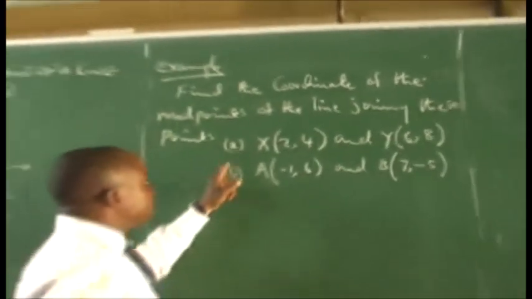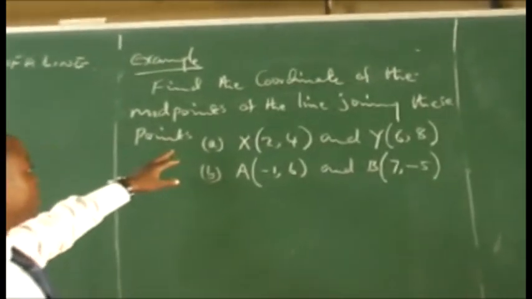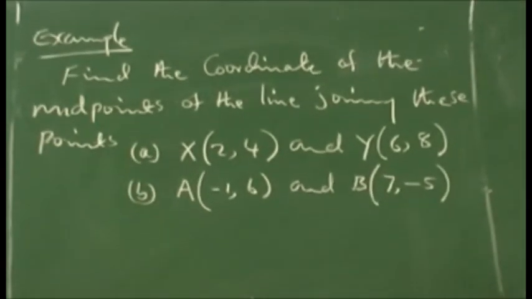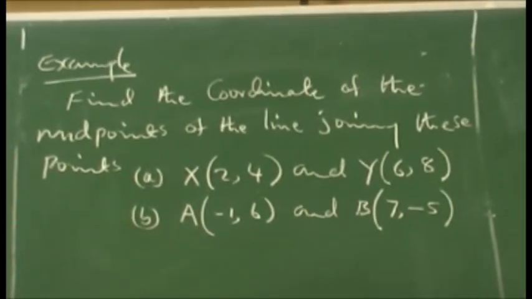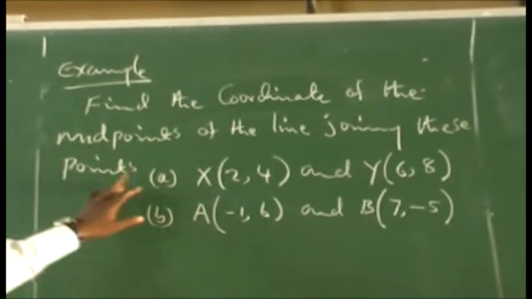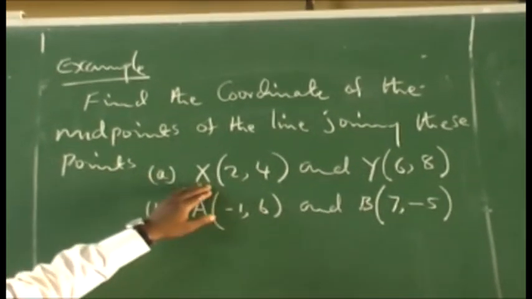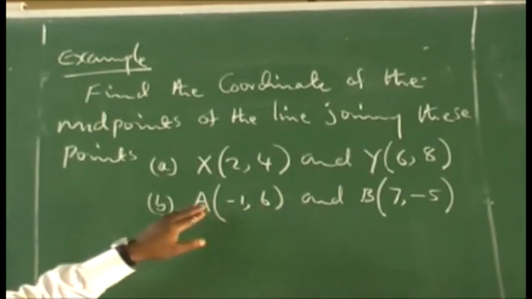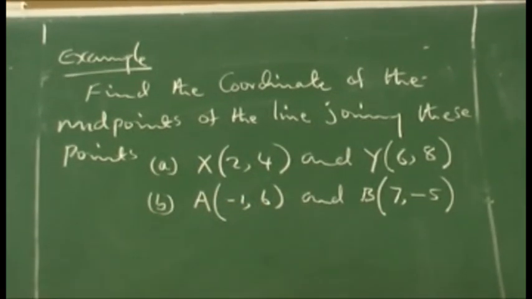Let's take this example. We are going to find the coordinate of the midpoint of the line joining these points. We have points X and Y. We also have points A and B. Let's take the solution.